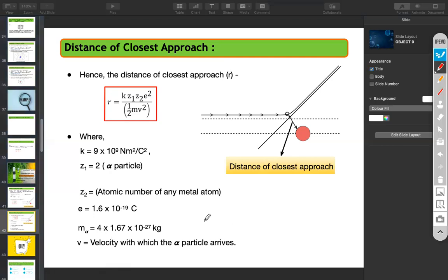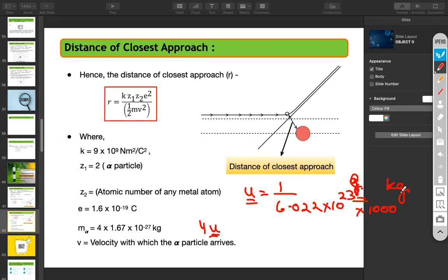If you remember, 4 AMU is the helium mass, and 1 U can be converted to kg. Dividing by 1000 to convert grams to kg, you will get 10 to the power minus 27 from this expression.